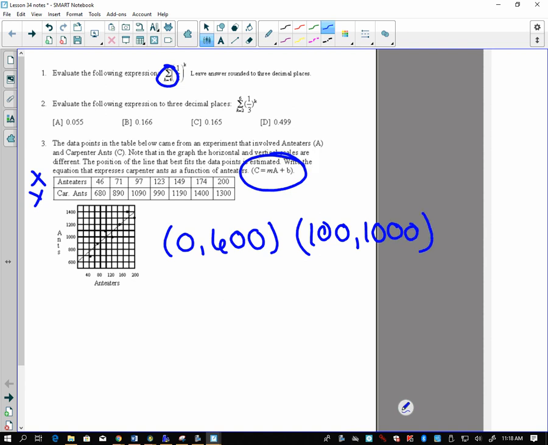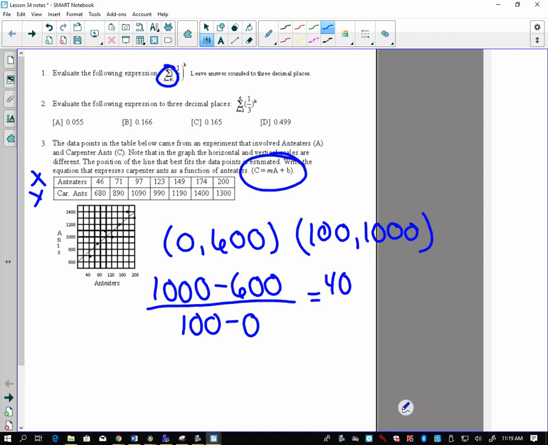Now I'm going to use my slope formula. So I'm going to use 1,000 minus 600 over 100 minus 0. I'm getting 400 over 100, which is giving me a slope of 4. So in the end, my equation is C equals 4A plus 600.